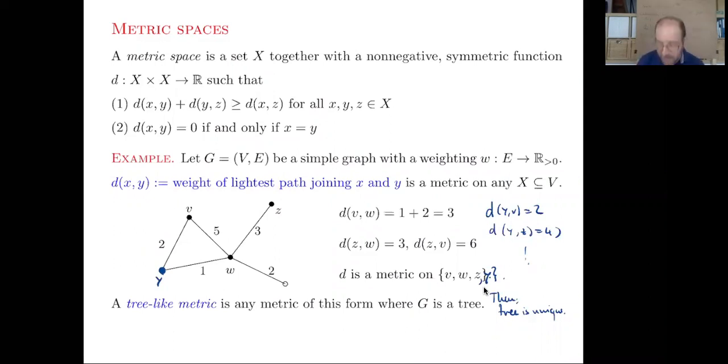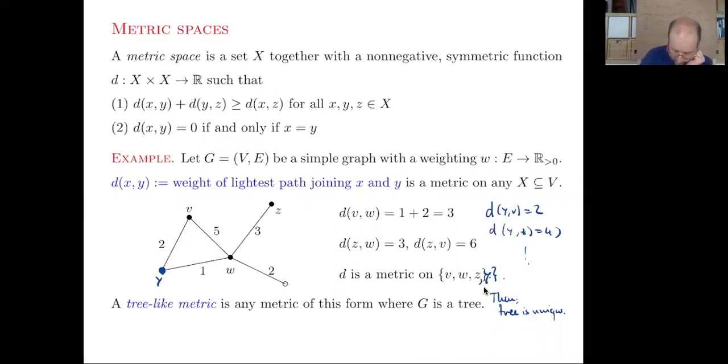One more thing. Yes. Should we need to pick X with some special cardinality, or any? So for me, let's say finite. Okay. Now the question is that you can have different graphs, different weighted graphs representing the same metric.